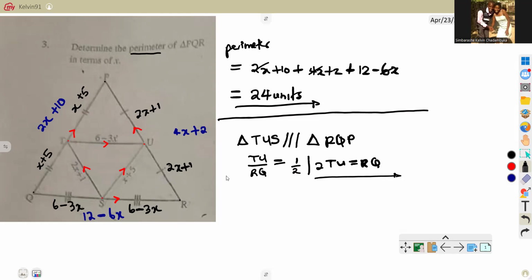So when you calculate the perimeter of the smaller triangle, just multiply it by this, which we extracted from the ratio of similarity.